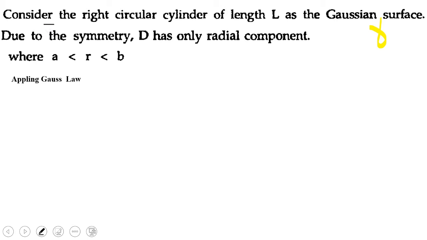This is a third cylinder and it is a virtual cylinder. It is only an imaginary cylinder; physically we don't have any Gaussian surface. We consider it as a Gaussian surface due to the symmetry. On the Gaussian surface only we will measure the electric flux density and electric field intensity. Whichever point you want to measure, at that point we will imagine there is a Gaussian surface.